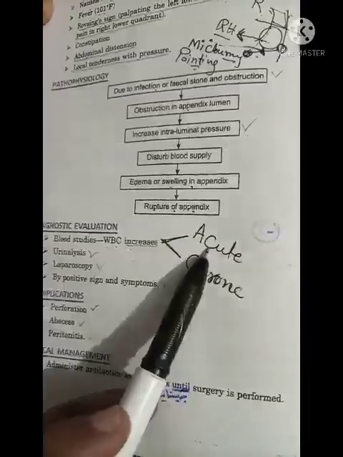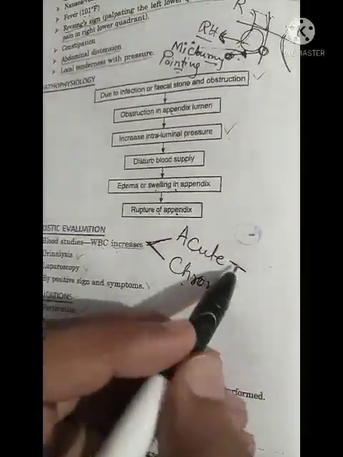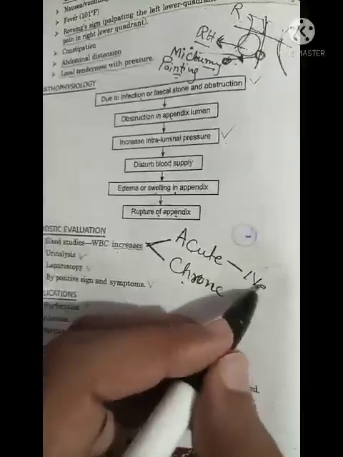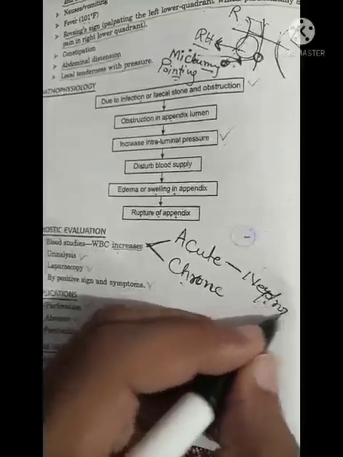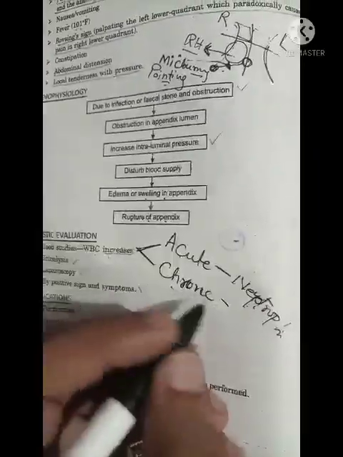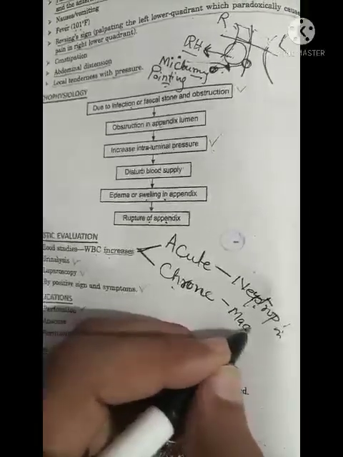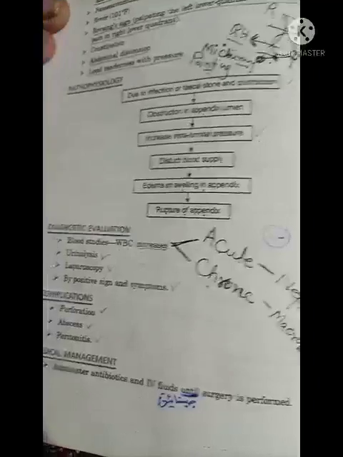Now inflammation is of two types, one is acute and another is chronic inflammation. During acute inflammation, the predominant cells which increase are neutrophils. Neutrophils increase, and during chronic inflammation macrophages increase. So these are the indications for inflammation.